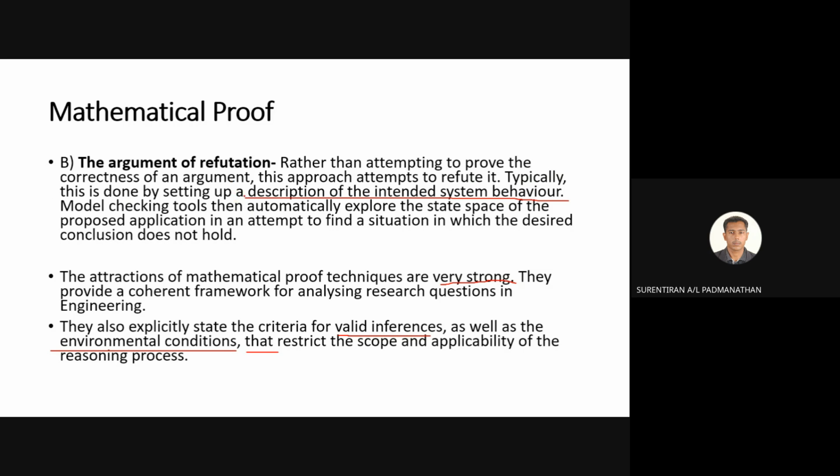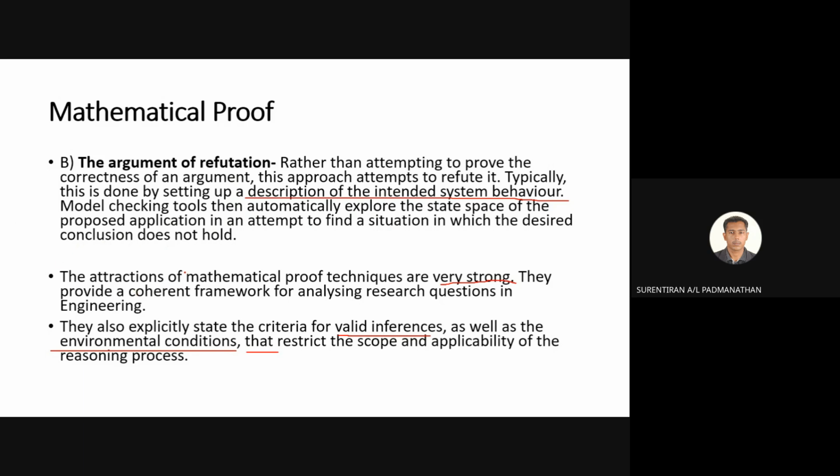So instead of proving it by mathematical explanation, you set up a description of how your product or the circuit is. Model checking tools then automatically explore the state space of the proposed application in an attempt to find a situation in which the desired conclusion does not hold.